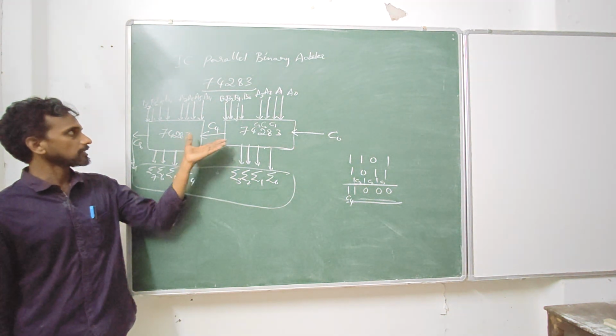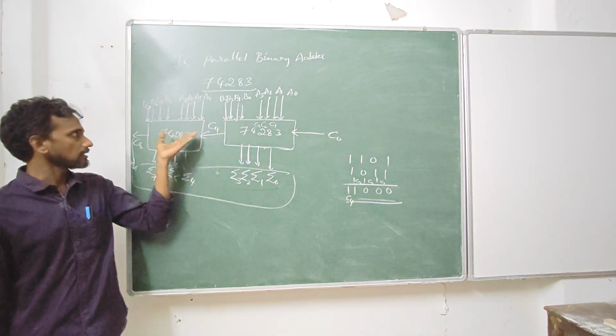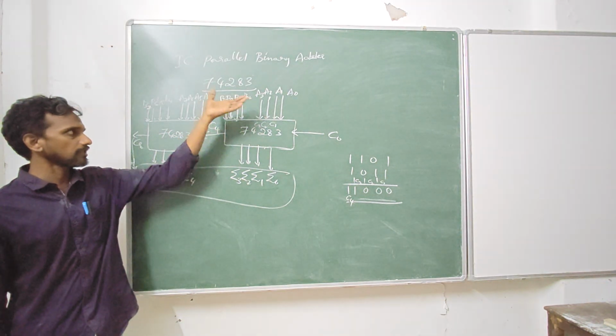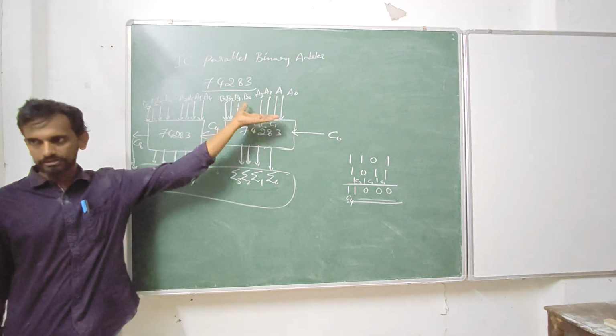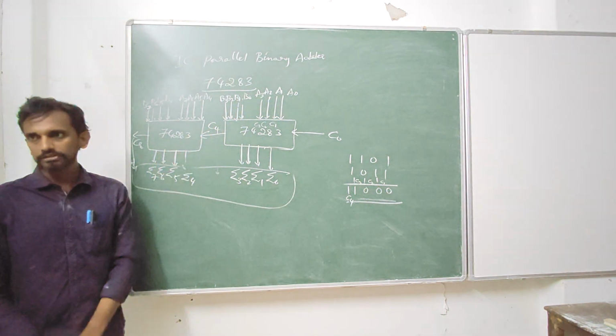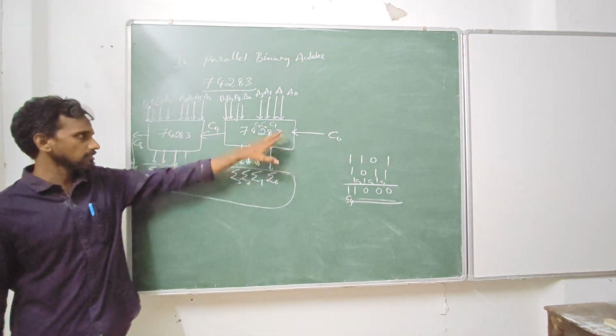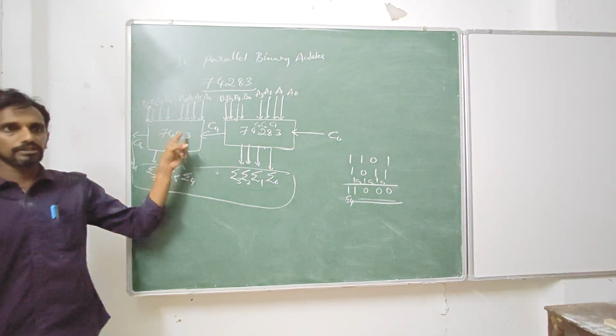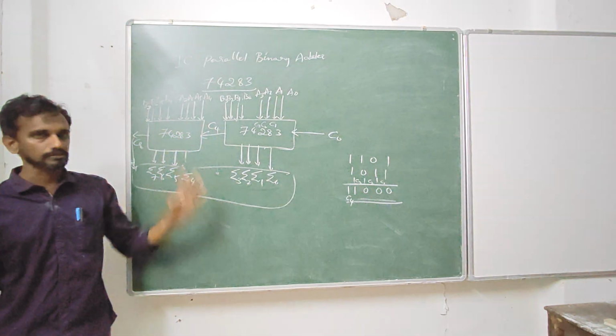So when you are designing cascading adder circuits, I mean, if your given number has more than 4 digits, we may need to consider 2 ICs. So then the first IC will not have any carry input, and the second IC will take the input from the first IC.